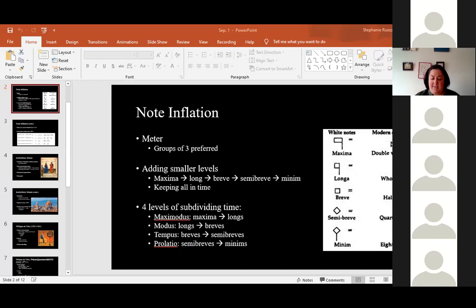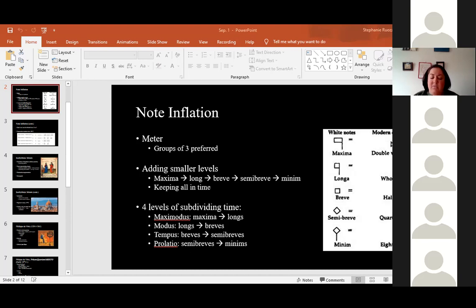But composers kept adding smaller and smaller levels of rhythm, breaking down each new note into subdivisions, either of 2 or 3. Remember we said the note head is how we know what type of duration it is.